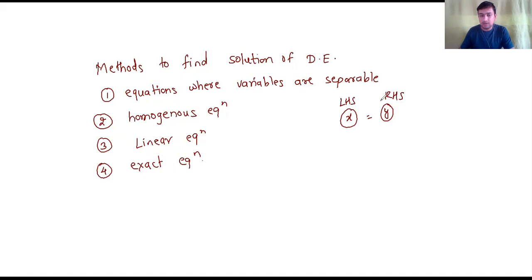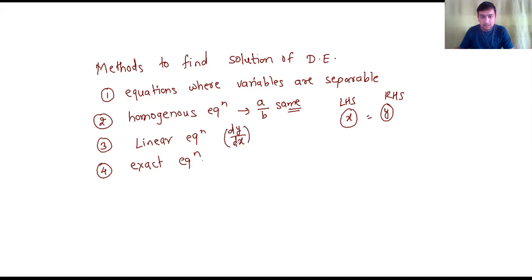Then homogeneous equation means where the degree of numerator and denominator will be the same. We'll see in detail, don't worry. Then linear equation and then exact equations. Linear means where order and degree will be equal to 1.